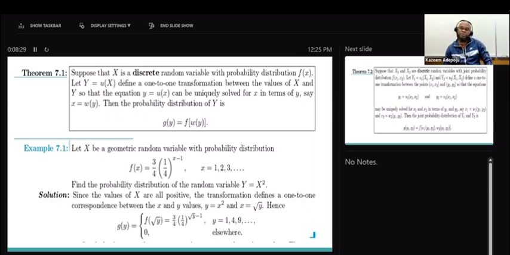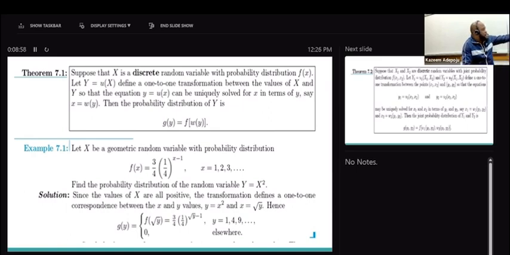Now, what am I going to do? If I want to solve the problem, wherever I see X in the distribution, I'm going to plug in square root of Y. When I plug in square root of Y, I already have a new distribution, which is basically going to be the distribution of Y, when we square X, and X is a geometric variable.